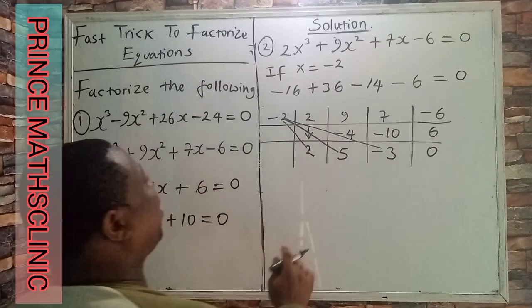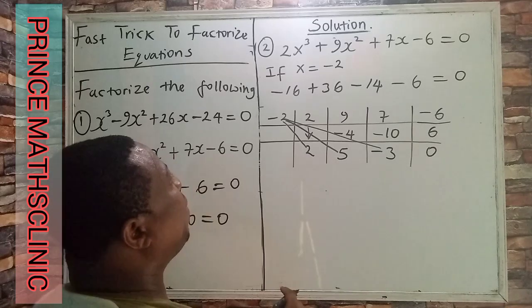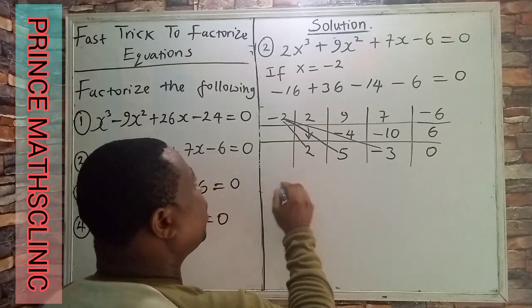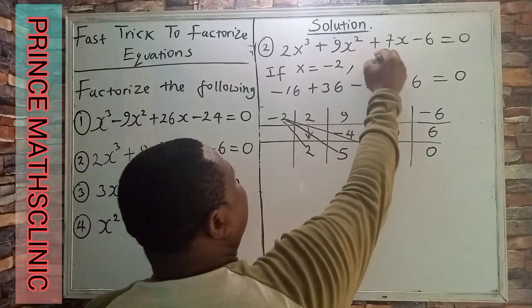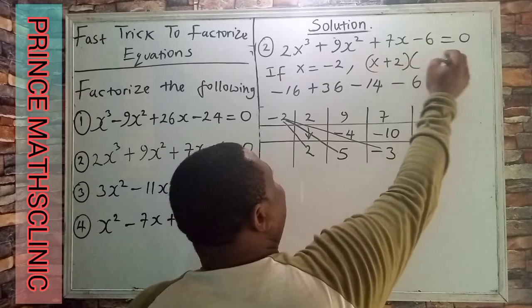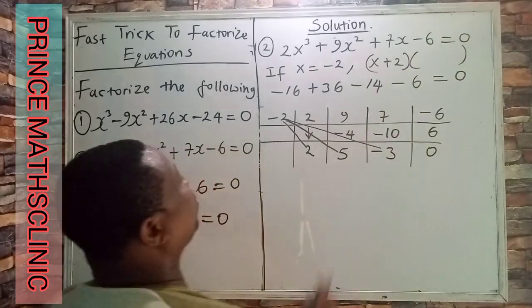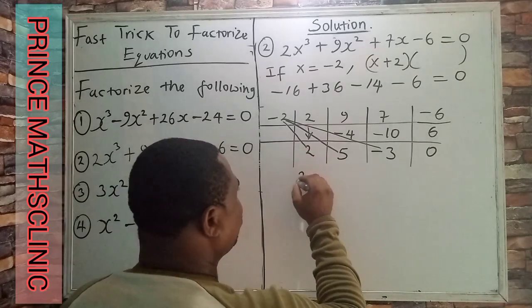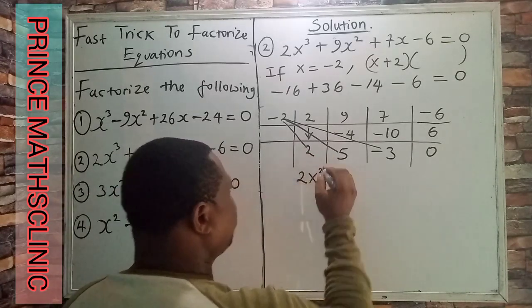Therefore, now, remember my factors. The first factor is x. If this comes here, this is plus 2. Then the other factor will be a quadratic factor. Now, the leading coefficient of that quadratic factor is 2. So this is 2x to the power of 2.